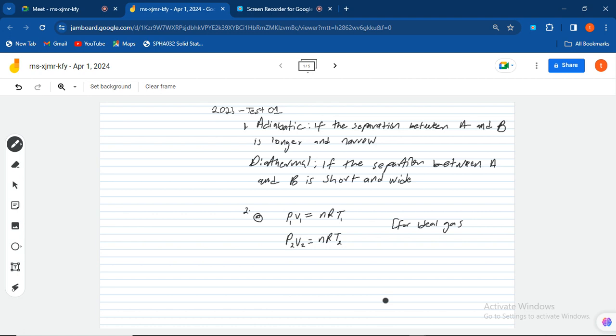And then again, we know that P1 is equal to P2. Why are we saying that? Because they talk of what we call isobaric process.